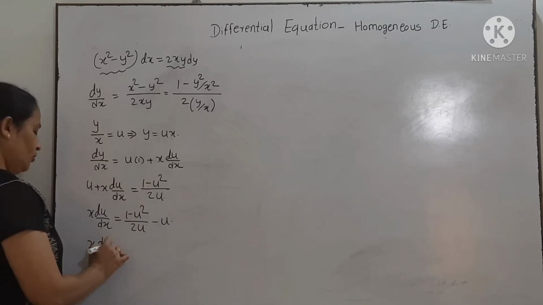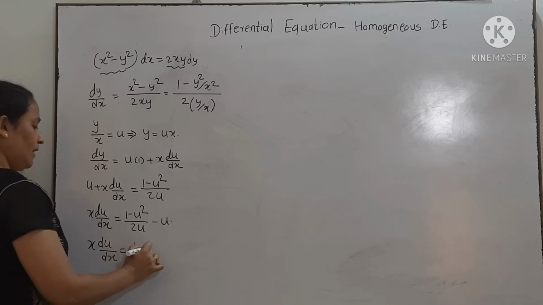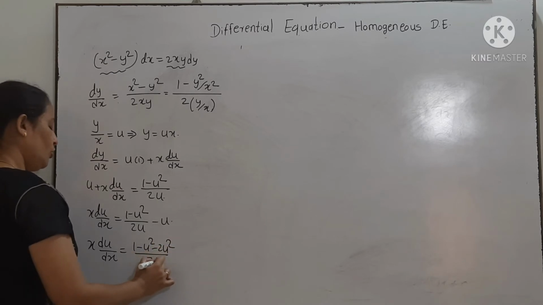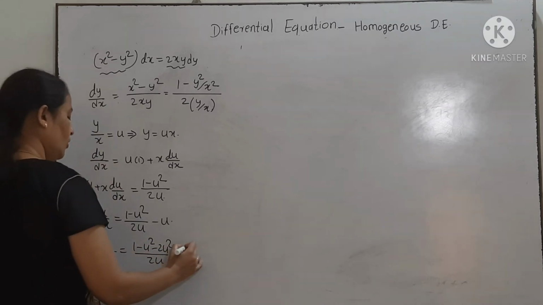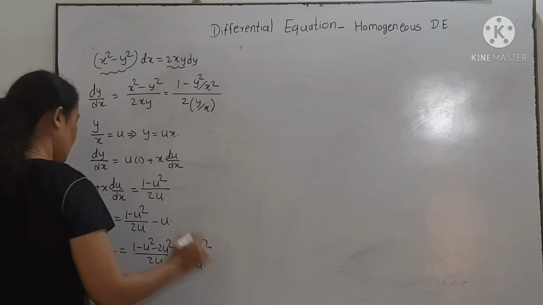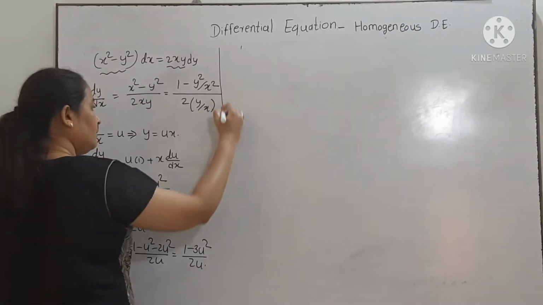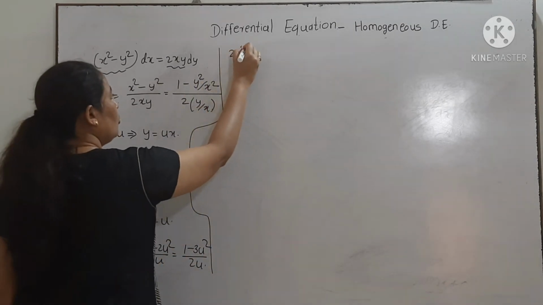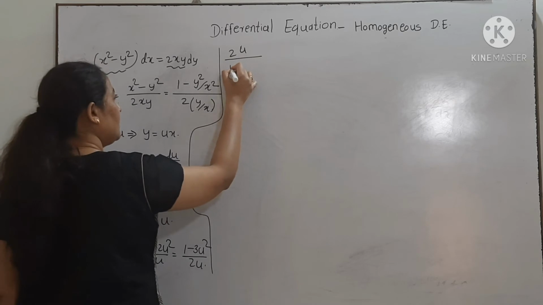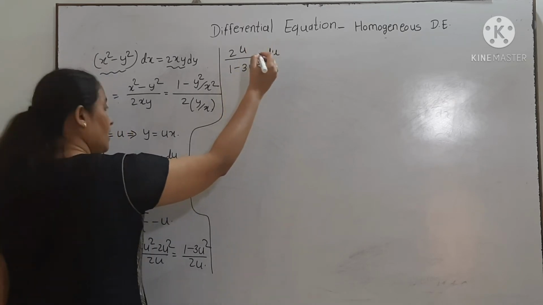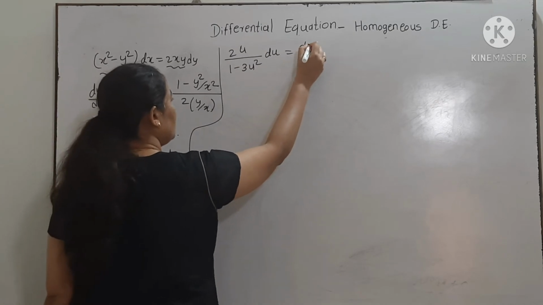If I take the LCM, it is (1 minus u square minus 2u square) upon 2u, that is equal to (1 minus 3u square) upon 2u. If I convert this into variable separable form, this will be 2u upon (1 minus 3u square) du equal to dx upon x.